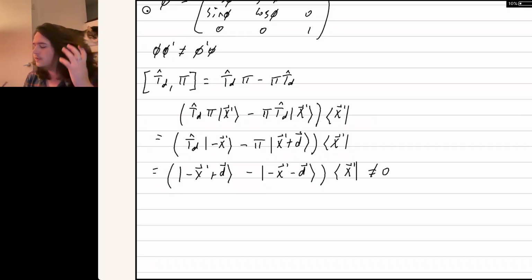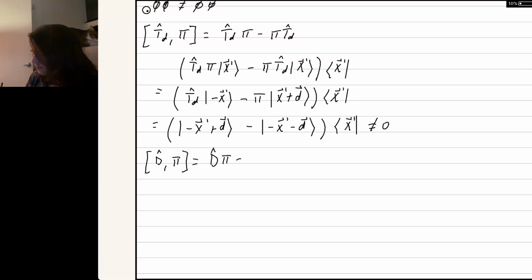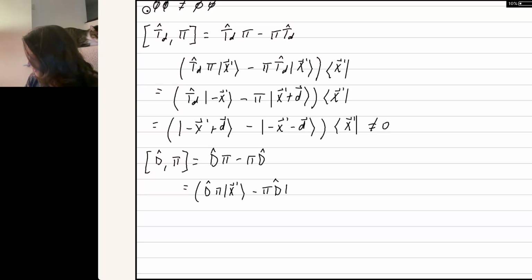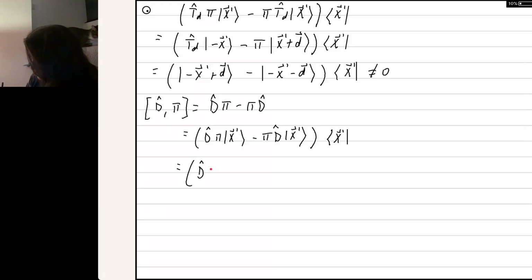Moving on to, does rotation commute with parity? Well, let's see. We're going to have D prime pi minus pi D prime multiplied by a complete set of states. Pi D prime x prime, x prime. Whenever we operate with parity, it's just going to change the sign.